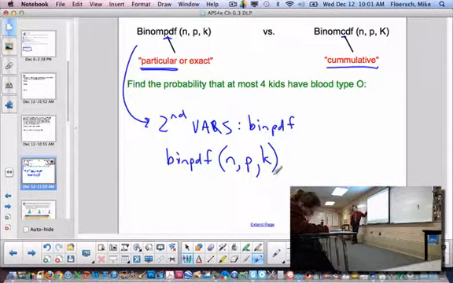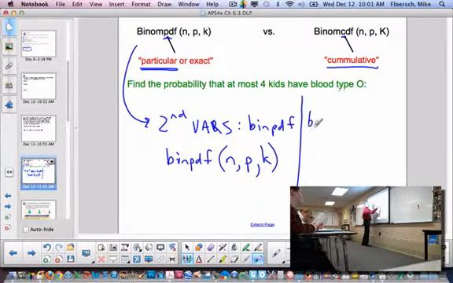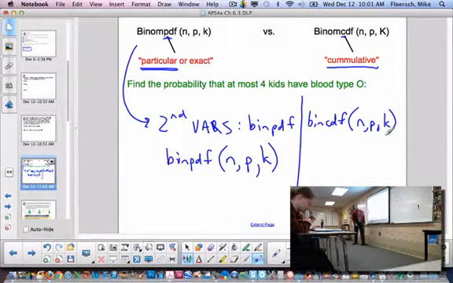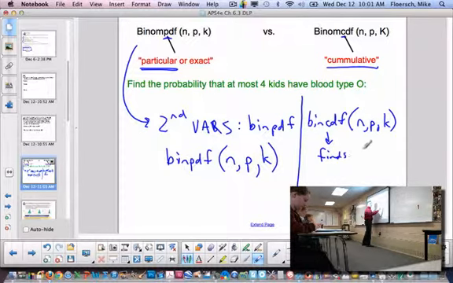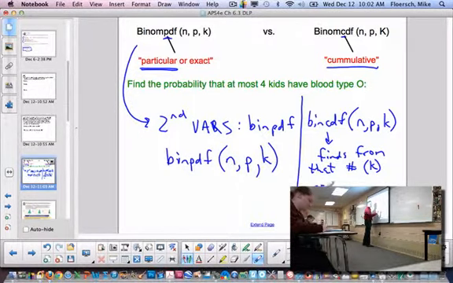Whereas if you're dealing with a binomial CDF, it's the same, N, P, K, but it finds from that number, which is what we call K, on down.